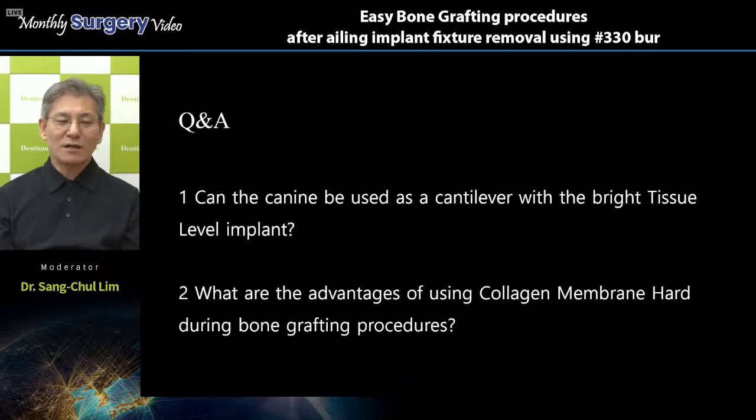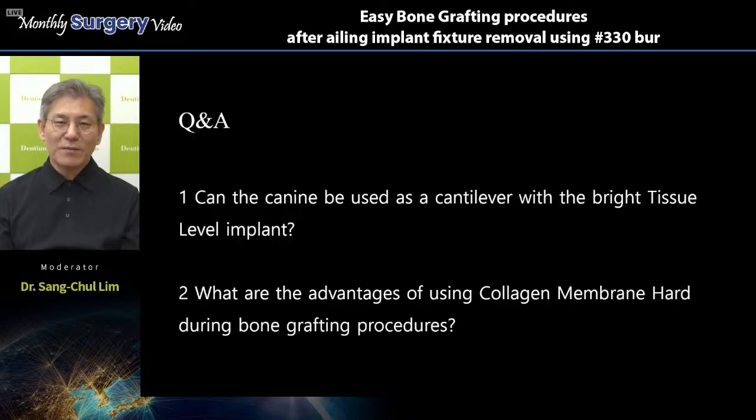To make a canine a cantilever, especially in an elder patient, as I mentioned before, if it is a complicated area, maybe it should be skipped, and the neighbor areas are enough to make an implant-supported 4-unit bridge. Let's see.